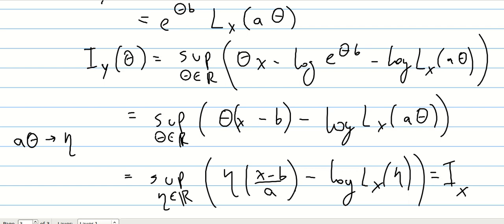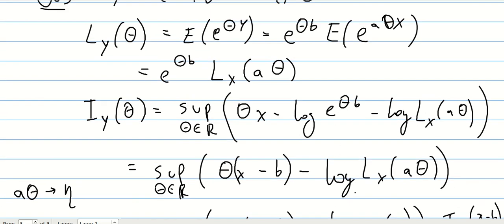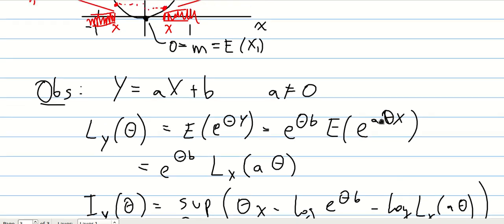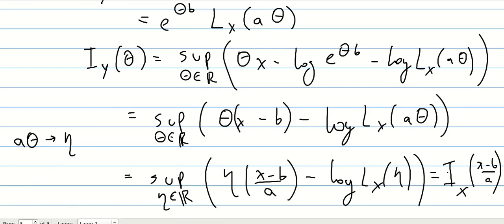Taking the rate function of x at a strange point. We're no longer looking at the point x, but looking at the point x minus b over a. So there is a simple transformation. When we do a linear transformation in a random variable, we do a linear transformation on the rate function.